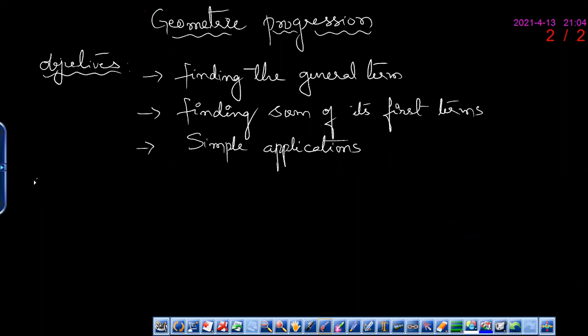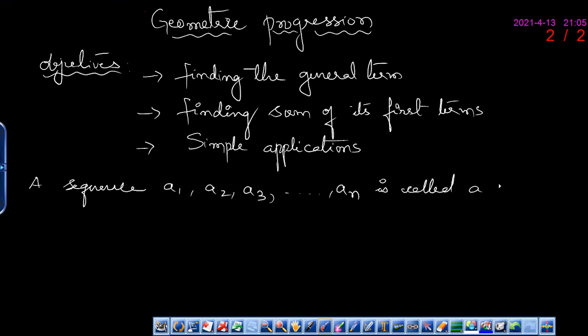So if you take a sequence A1, comma A2, comma A3, comma so on, comma AN, it is called a geometric progression.